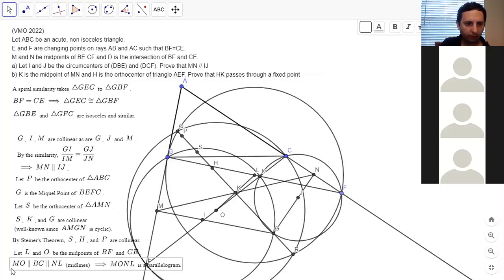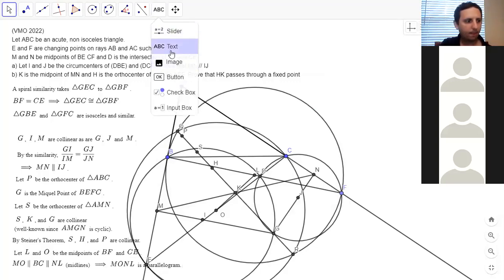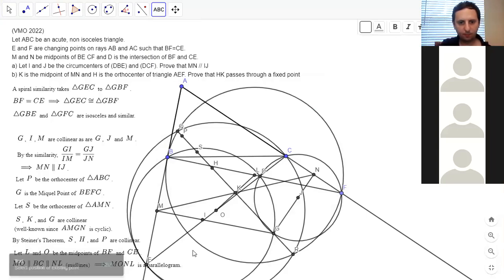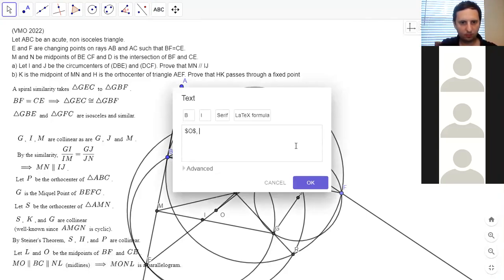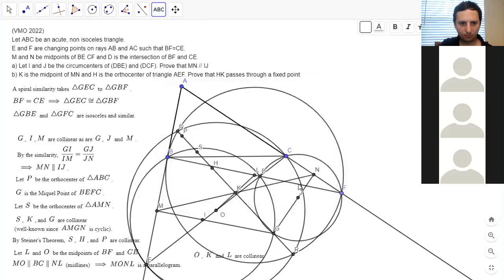So O, K, and L are collinear. Sorry. I'm just going to start typing it up here to make room. So O, K and L are collinear, and so we wanted to show HK.